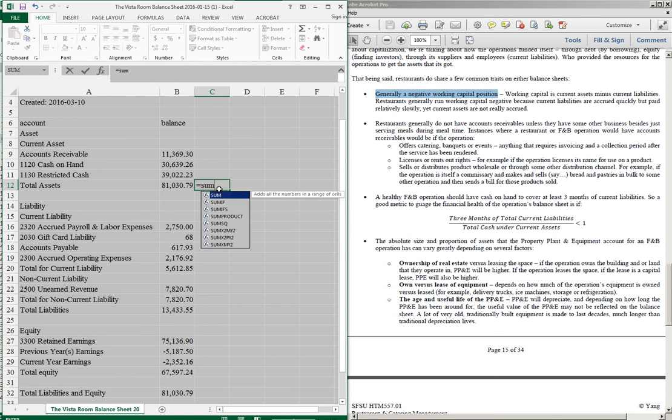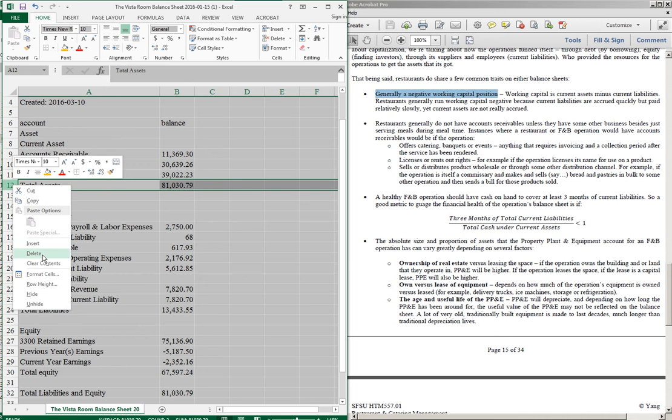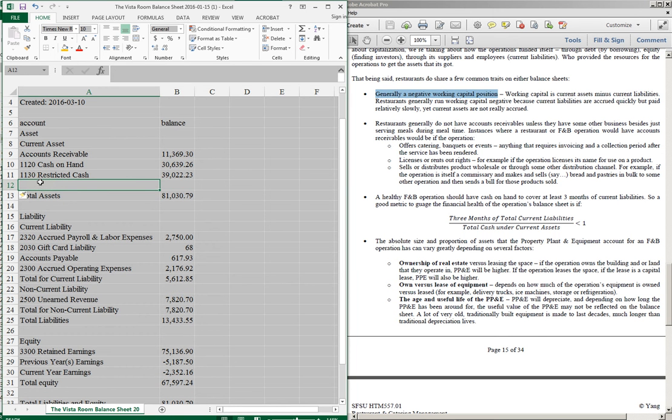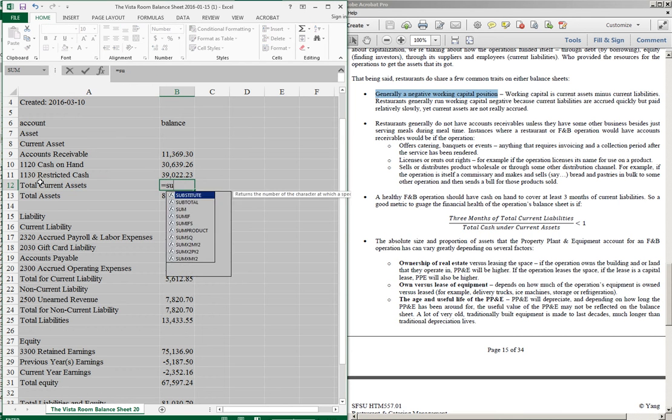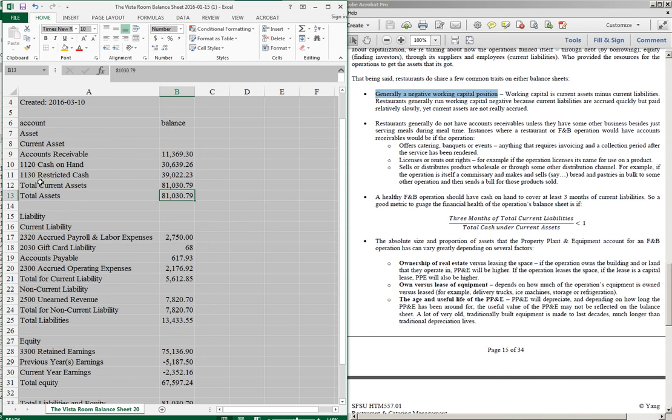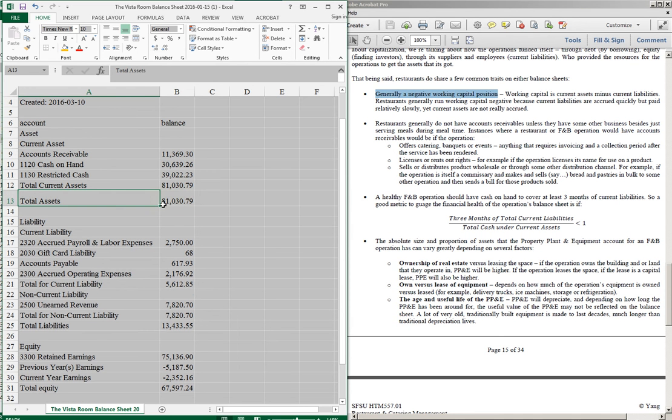Just to double check that the math is correct, if you want to see that, I'm going to insert another line. Total current assets equals the sum of essentially the cash and the accounts receivables. And there are no other assets, so total current assets are total assets.